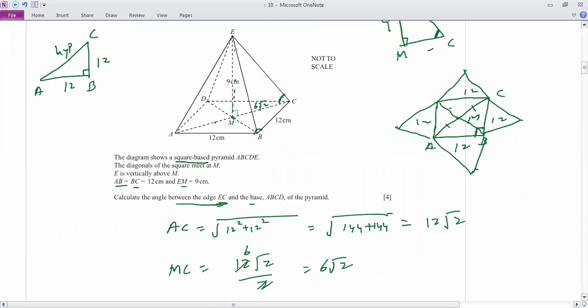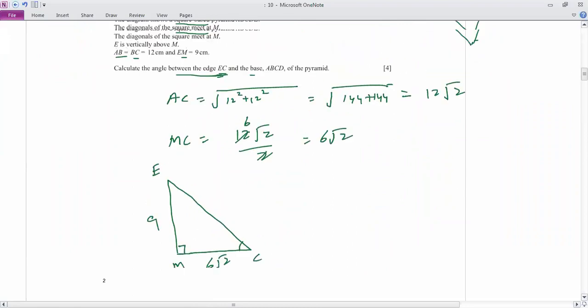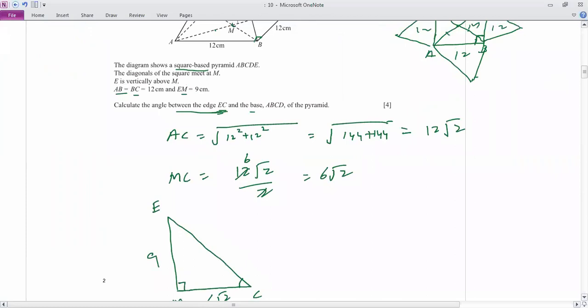So take this right angle triangle now. This is E, M, and C. This one is 6 square root 2. Right angle, this is 9. This angle we have to find, because the question is asking for the angle between the edge EC and the base. Whenever you are asked the angle with the base, it is actually the angle with the diagonal, okay?